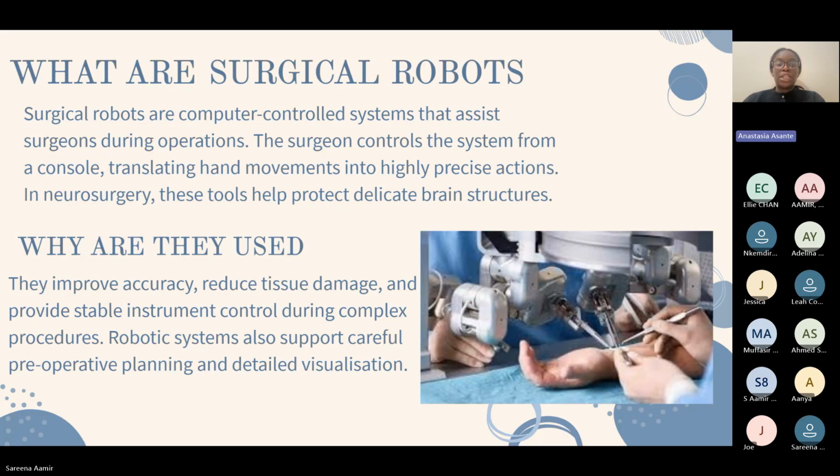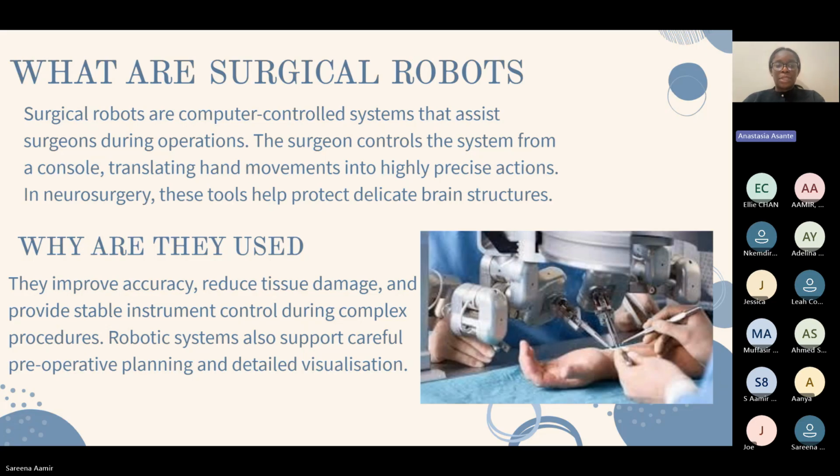In neurosurgery, these tools are used to help protect delicate brain structures. So essentially, they are used to make surgeries as non-invasive as possible and help protect very vital parts of the brain.